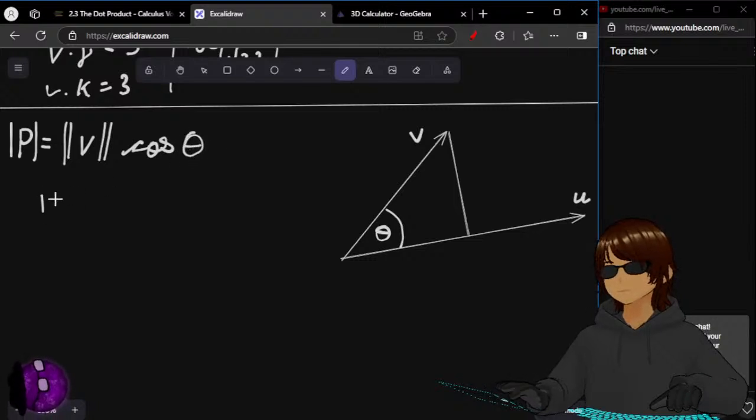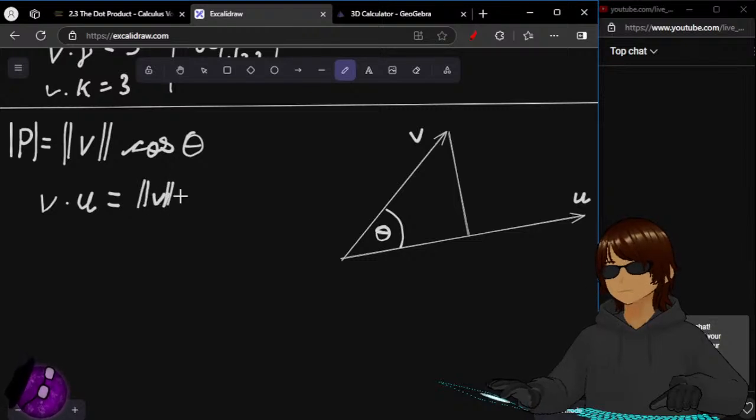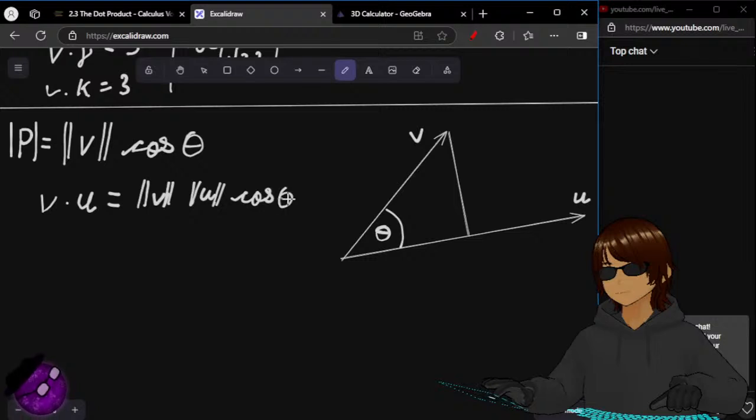According to the dot product, we have the magnitude of v times the magnitude of u times cos theta.